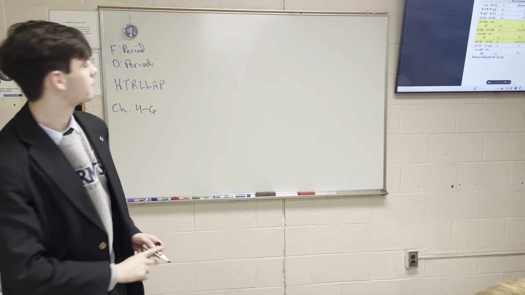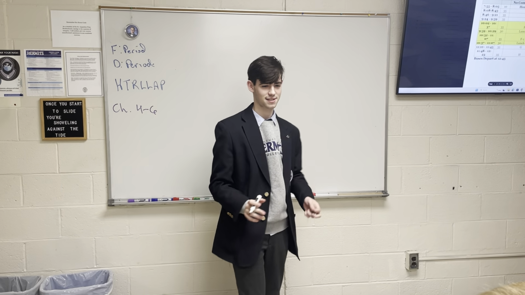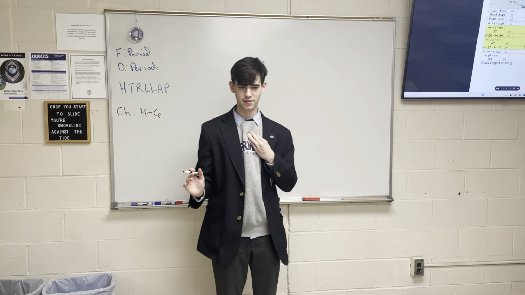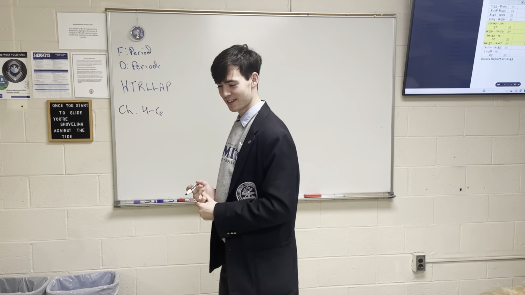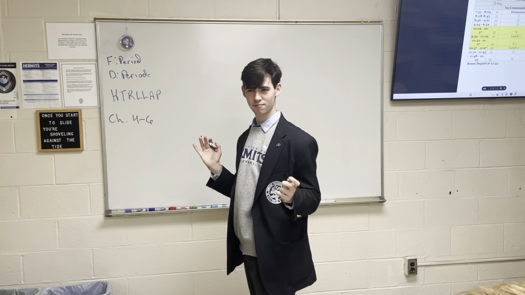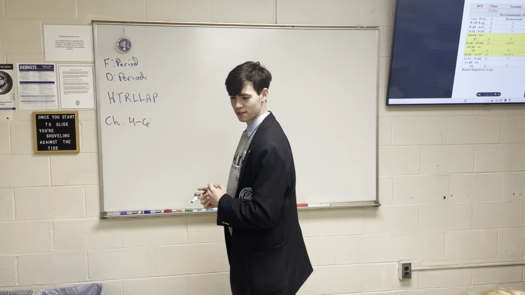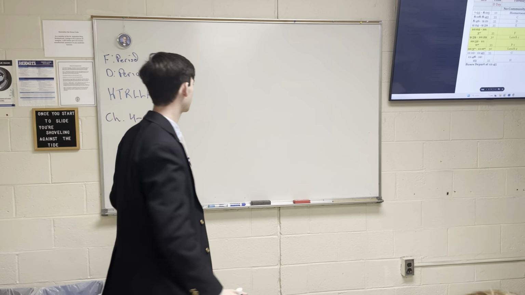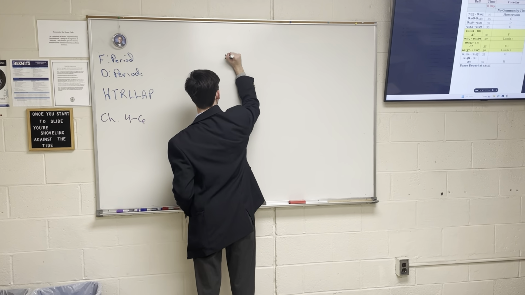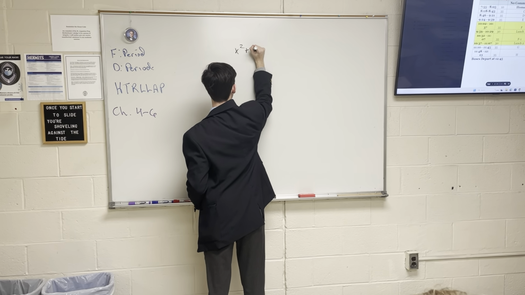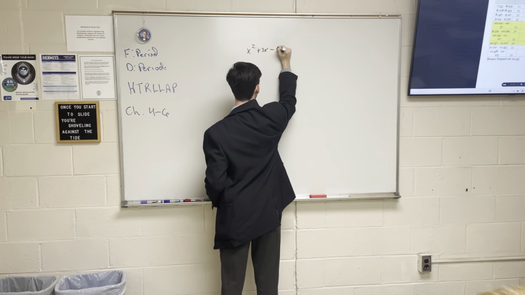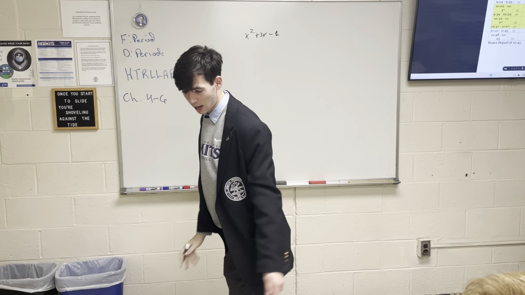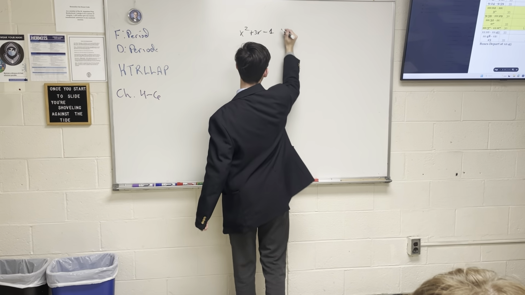Alright. Synthetic division is easier, some would say, than long division. It's less steps, it's less to do. So what you're going to do is take a problem, like, let's say, x squared plus 3x minus 1, being divided by x plus 2.